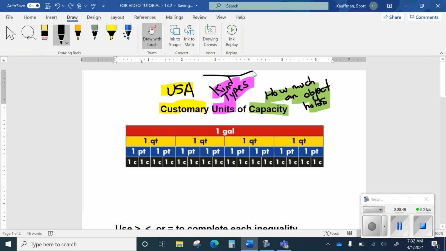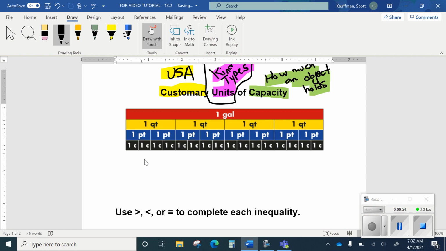Now, units means the kinds or types of measure that we use, okay? So in this lesson, you're going to see words like quarts. Quarts is the same as writing the abbreviation QT. You're going to see the word gallons, and the abbreviation for gallons is GAL.